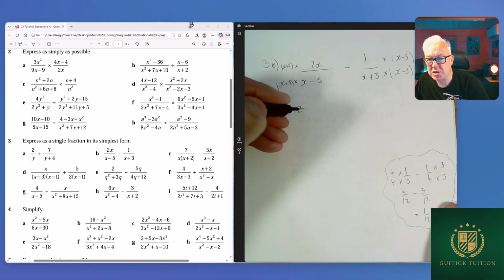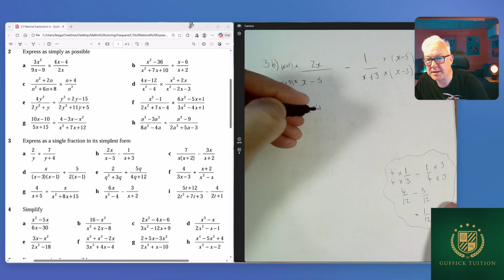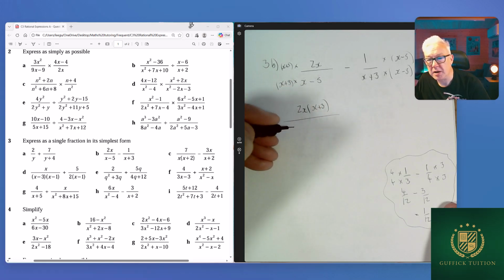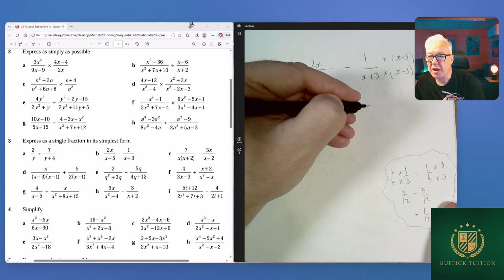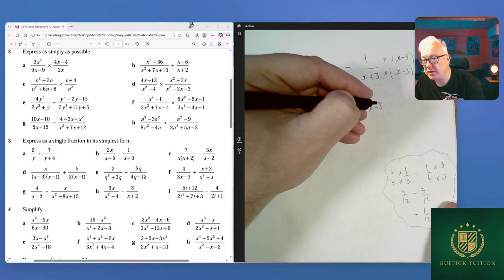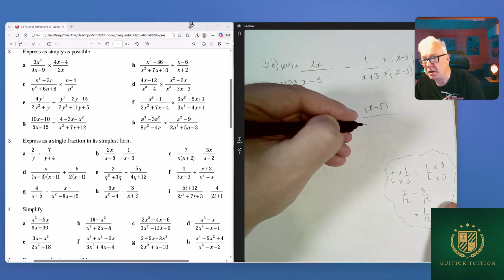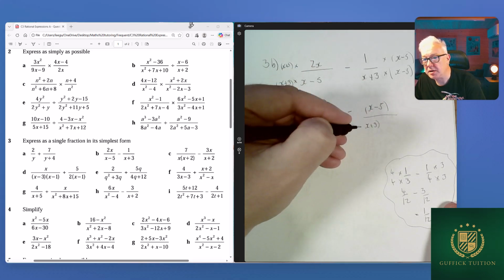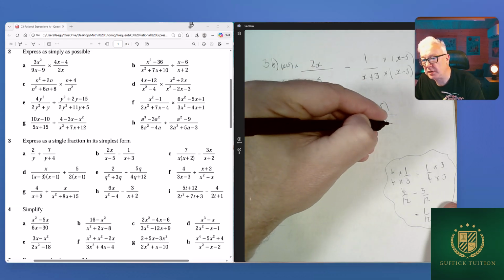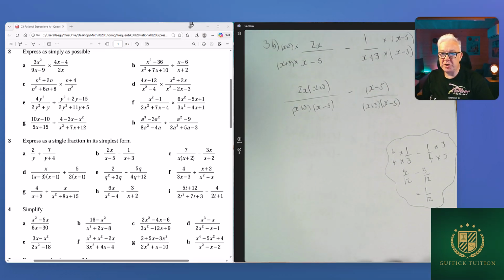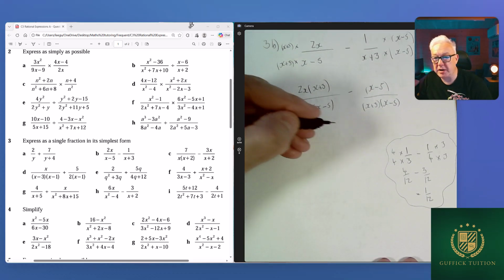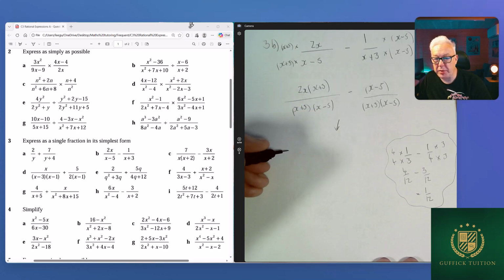That gives us 2x, open bracket, x add 3 over x add 3 times x minus 5, minus x minus 5 over x add 3 times x minus 5. So we have a common denominator now. So when we've got a common denominator, we can combine the fractions. So let's now combine them.